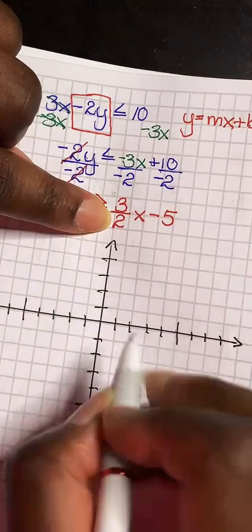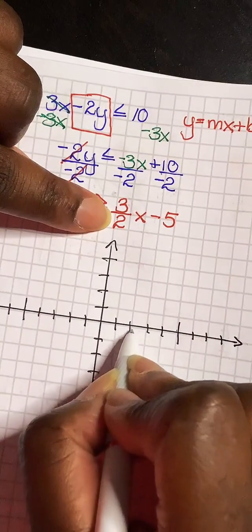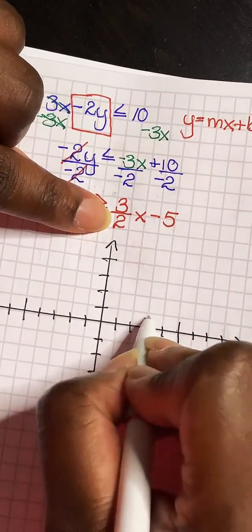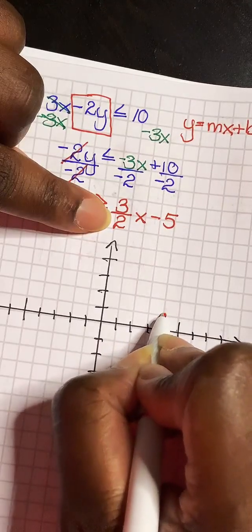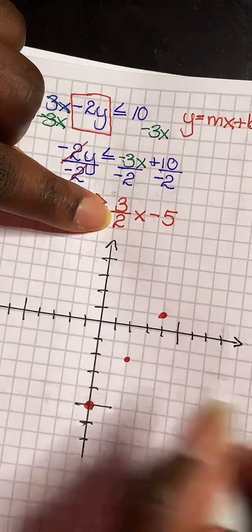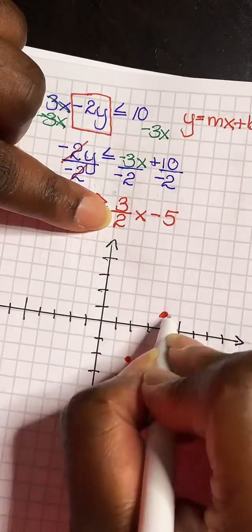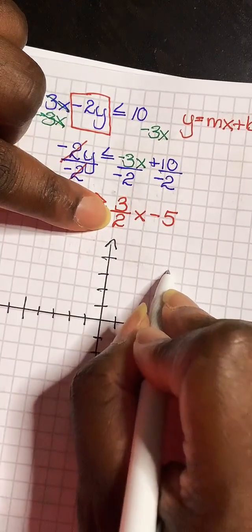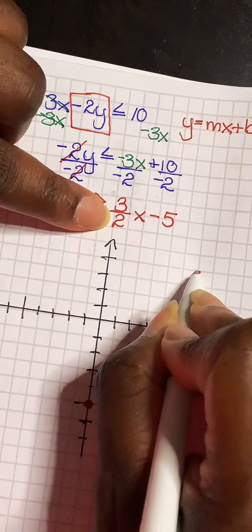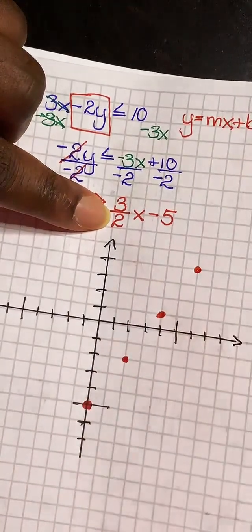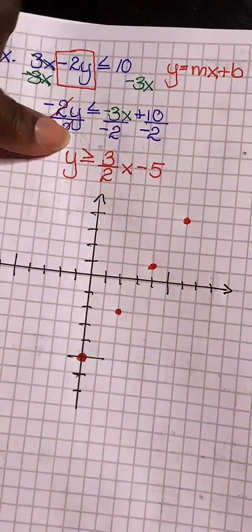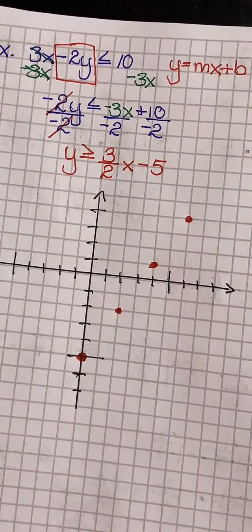And I can do the same thing: go up 3, over to the right 2. If I want to do it again, up 3, over 2. So now I can see that line forming.